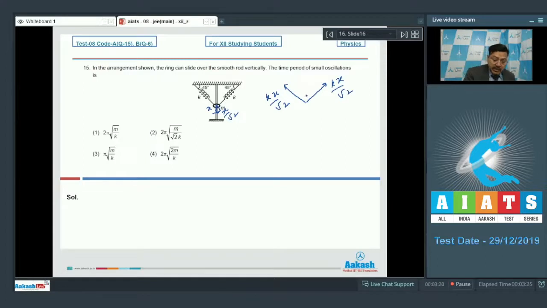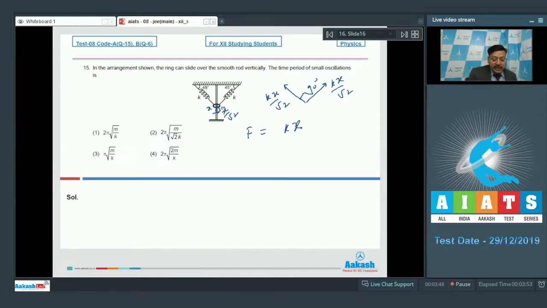X being very small, this angle will still be 90 degree because these two angles are 45 degree. And so the restoring force is the resultant of these two forces, and the magnitude of the restoring force is then, because they are at 90 degree angle, the resultant will be kx only. So it is kx.